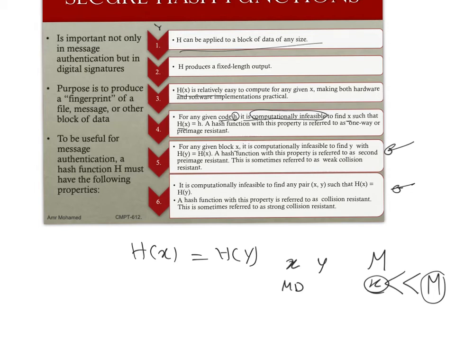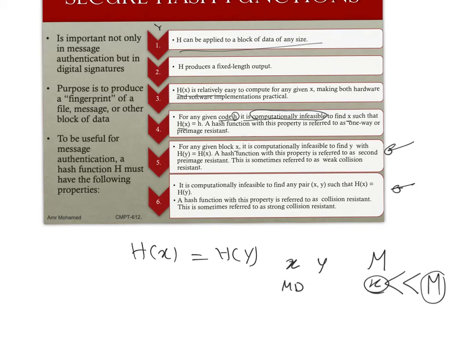In general, it is computationally infeasible to find any pair of x. Here, I give you x and you modify x to get y. But number 6 talks about how, even if I don't give you x, it is computationally infeasible for you to find any two messages that have the same hash.